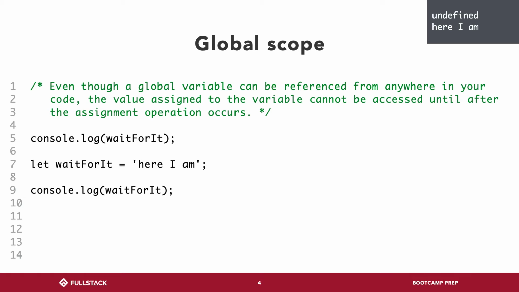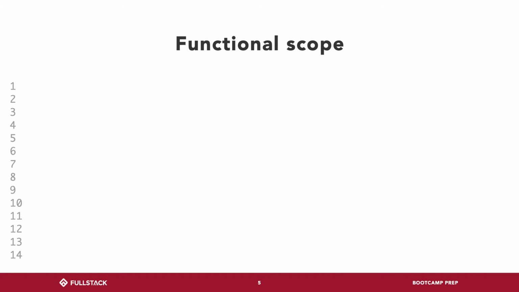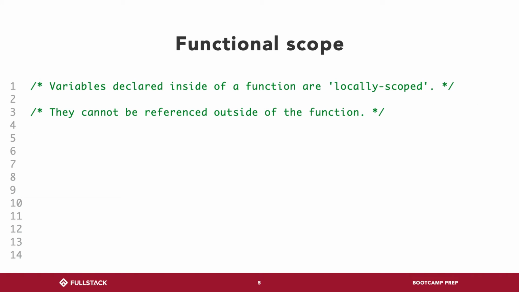Console.log wait for it: undefined. And here I am, right? It is undefined because of hoisting. However, if you did this in REPL with the let keyword, it will be a reference error, just so everyone knows, okay?